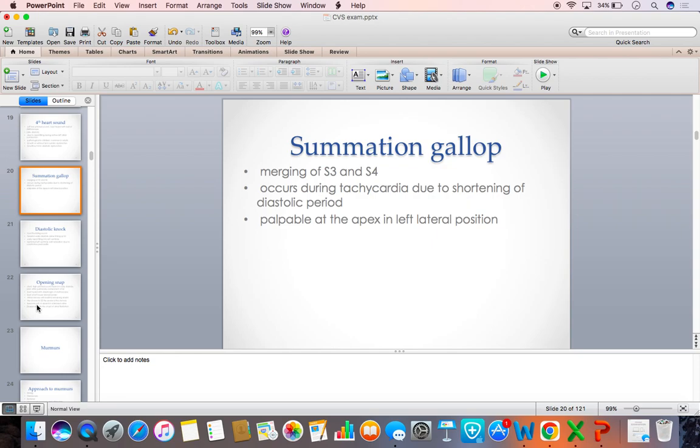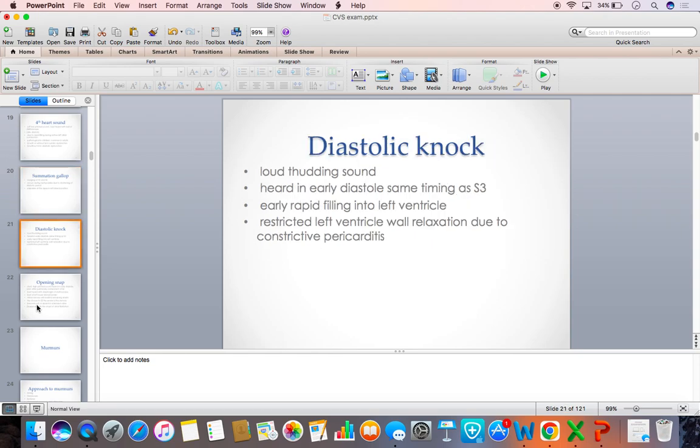Then the other one is the summation gallop. This is again a diastolic sound. It is nothing but the summation of the third and fourth sounds. It occurs at the same timing as the third heart sound, but it is louder. Sometimes palpable in the left lateral position.